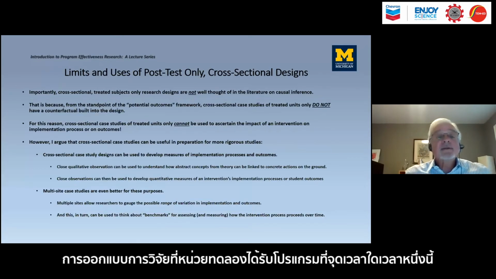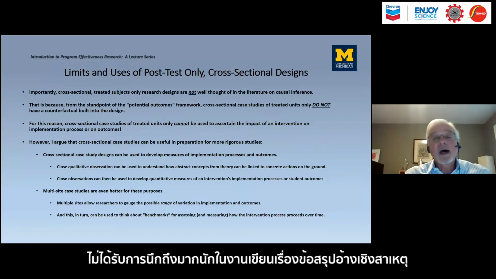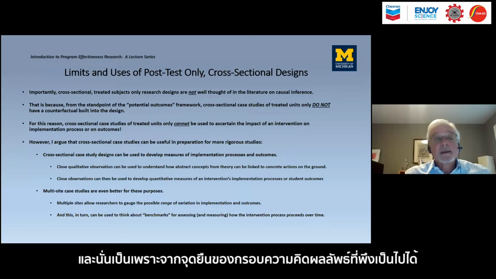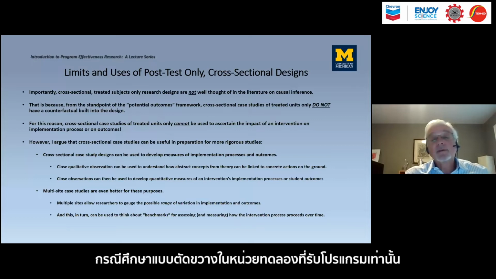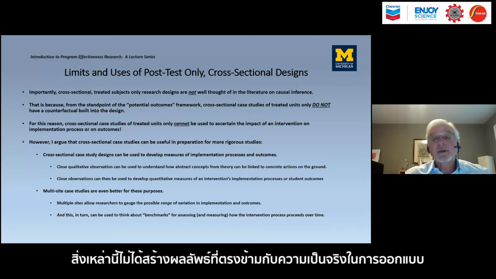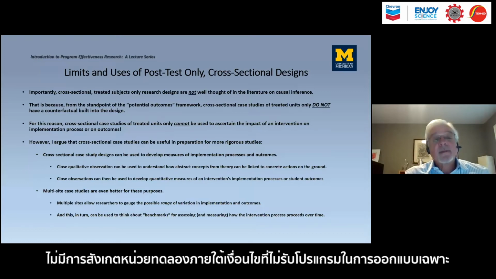Now, these cross-sectional treated-only subjects research designs are not well thought of in the literature on causal inference. And that's because from the standpoint of the potential outcomes framework, these cross-sectional case studies of treated-only units do not have a counterfactual built into the design.